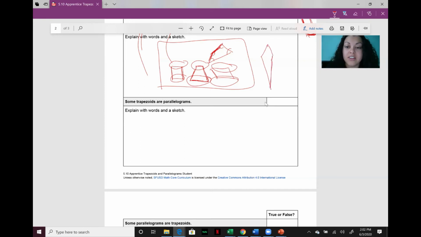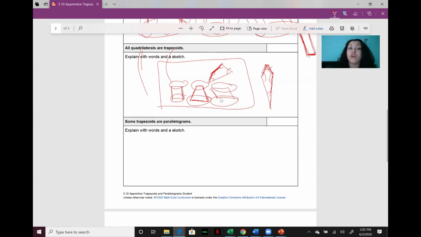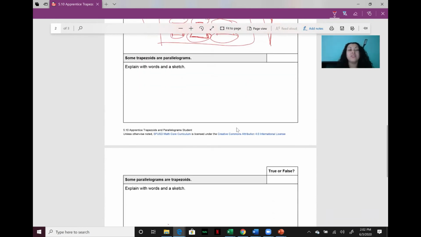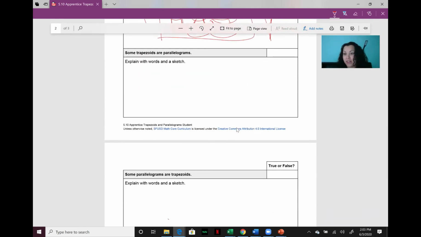If a kite looks like this, none of the sides are parallel. They might be a mirror of each other or a reflection, but they're not parallel. So this does not have at least one pair of parallel sides. So this would be a quadrilateral because it has 4 angles and 4 sides, but it isn't a trapezoid. So not all quadrilaterals are trapezoids. This is false.